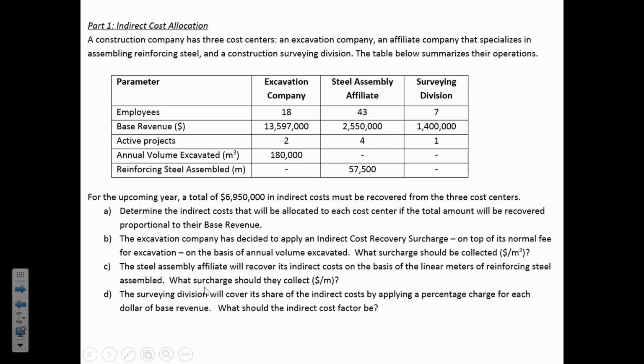They all have their own characteristics. Some of them are bringing in a lot of revenue, some of them have a lot of employees. It's the whole spectrum. So in A through D, it's proposing different ways to carve up which of these 3 subsidiaries is going to have to pay how much of the $6.95 million in indirect costs.